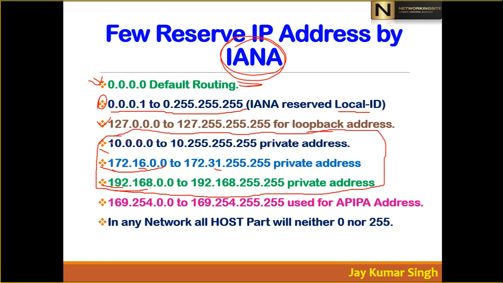Apart from this range, all is public IP. If I'm writing 10 dot any number, that is a private IP. If I'm writing 172.16 and any number, then it is private.